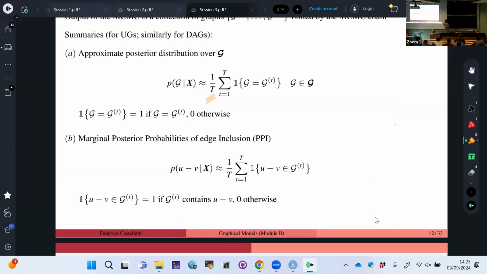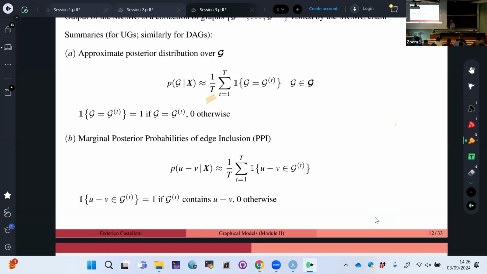So still we can use an estimator based on the proportion of times we observe this event in our MCMC output, and we can estimate this probability using 1 over T, the sum over all visited graphs of indicator functions that are 1 if the graph at time t contains the undirected edge UV, 0 otherwise.